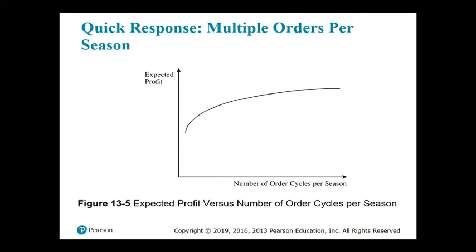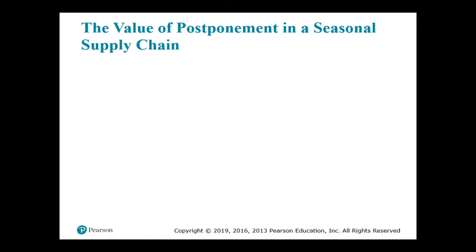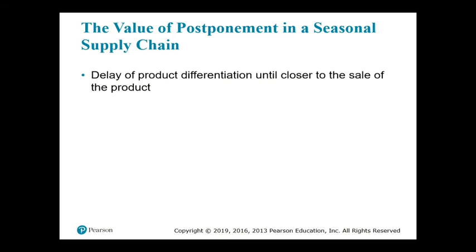The last point I want to mention is the phenomenon of order postponement. Order postponement is also called late differentiation. Basically, we don't differentiate the product until close to the end of the sale of the product.